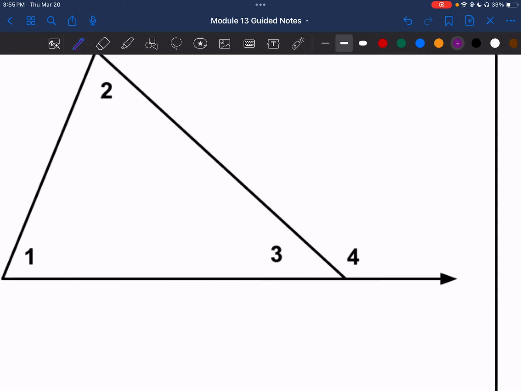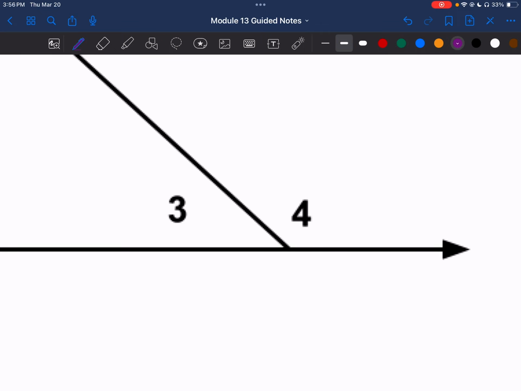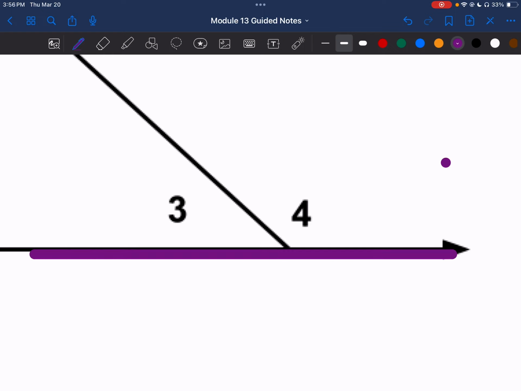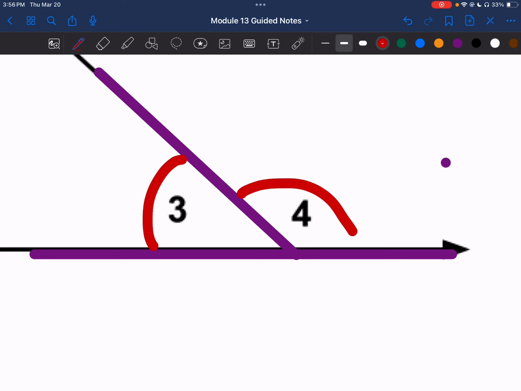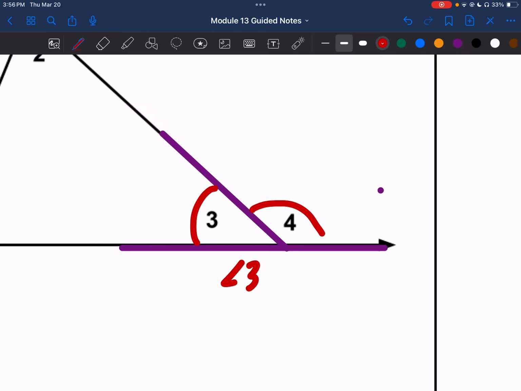If I just zoom in on this portion here, what do I know about the relationship between angle 3 and angle 4? Well, this is a straight line, and we have it intersecting with a ray. So this gives us two separate angles, angle 3 and angle 4.